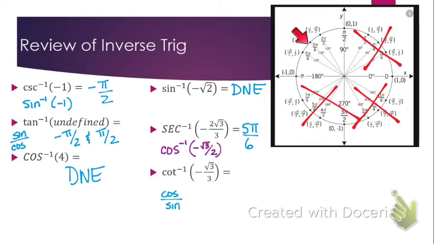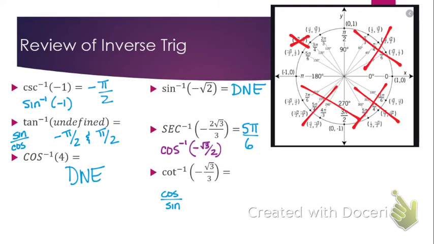Now we can automatically cross out this one though, because that's -1. So we know it's not that. So now we have a 50-50 chance. It's either 5 pi over 6 or 2 pi over 3. And you need to divide to figure out which one it is.